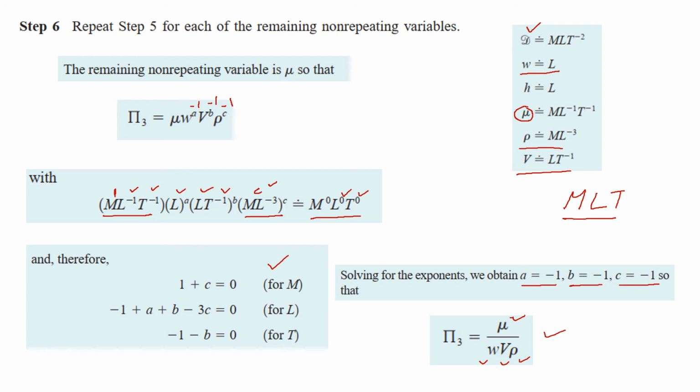So first I will check my 3 pi terms, pi 1, pi 2 and pi 3, that they are dimensionless for these basic dimensions, mass, length, time. And then again I will check my pi 1, pi 2, pi 3, that they are dimensionless for FLT also. I will convert my mass to force and I will write their dimensions pi 1, pi 2, pi 3, and see that they are also dimensionless for these 3 basic dimensions. So now let's move on to step 7.